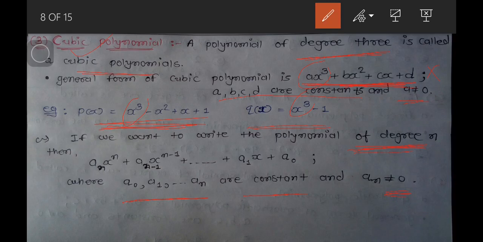Then we can write any type of polynomial of degree n as the given formula.